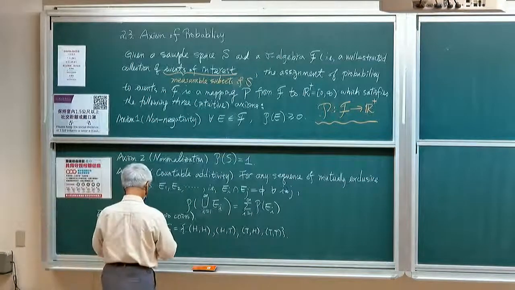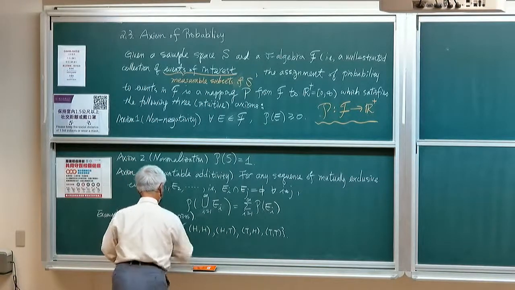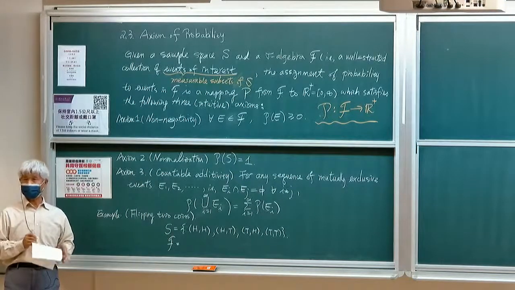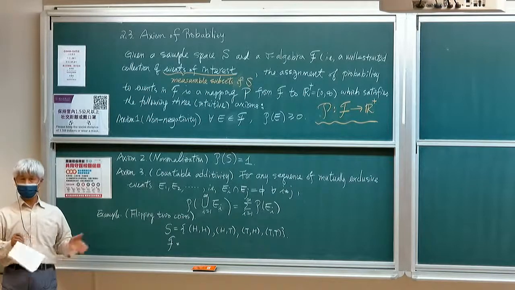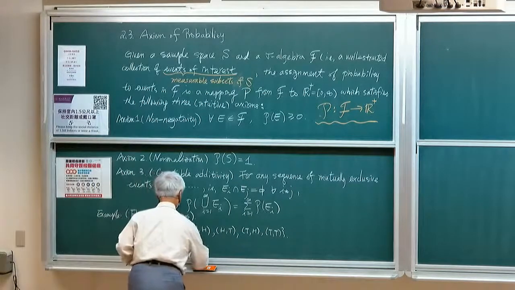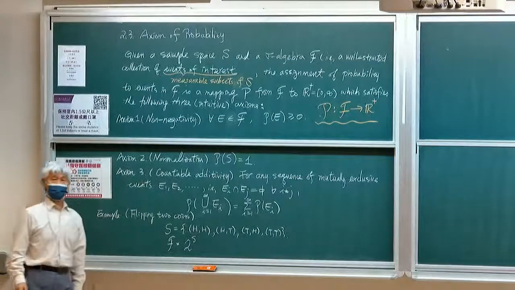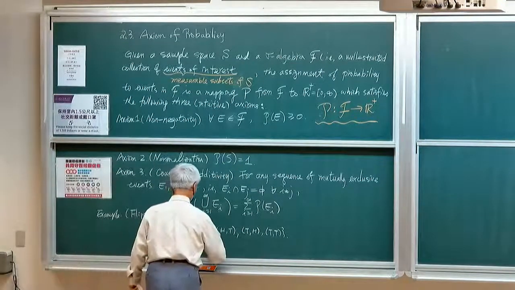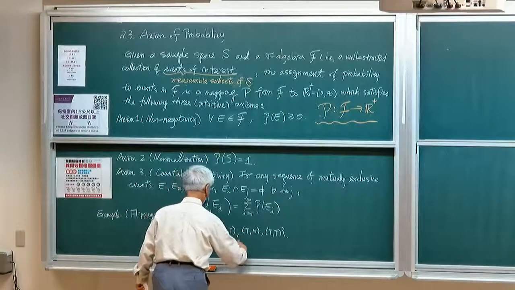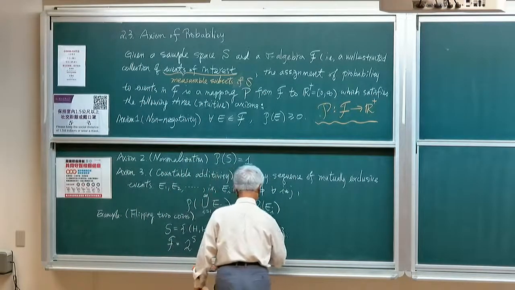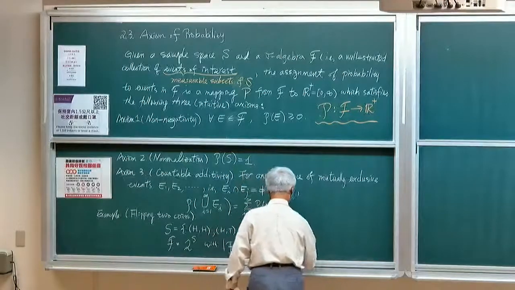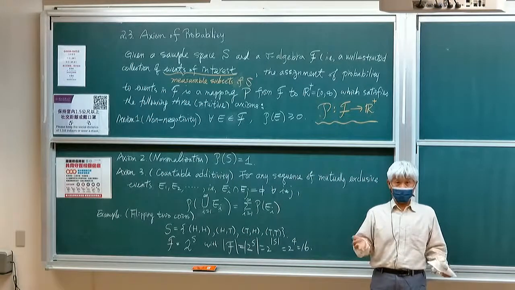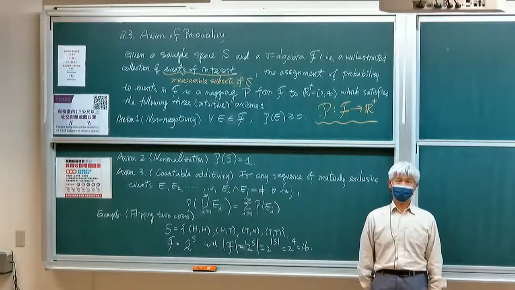And usually, we take the events of interest to include all possible subsets of the sample space, so that it's a power set of S. And the size of the sigma algebra is small, just 16 only.